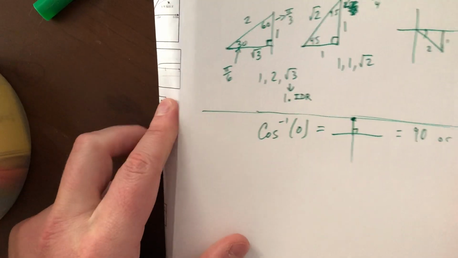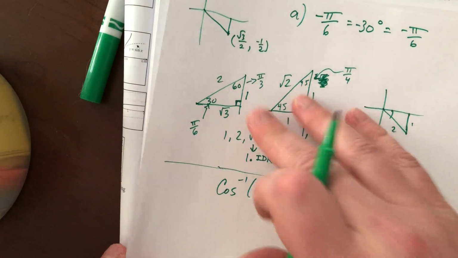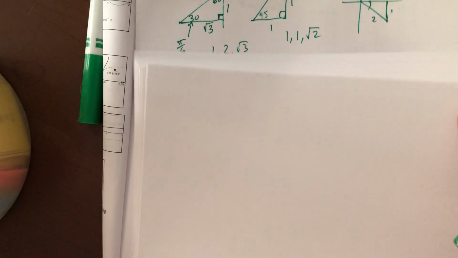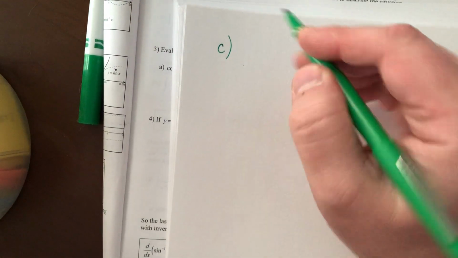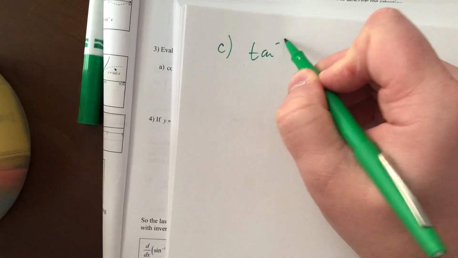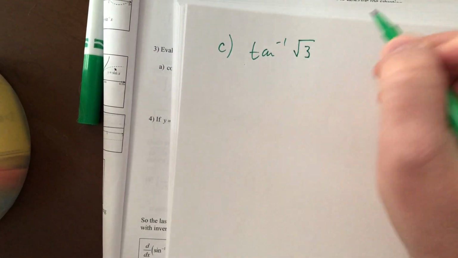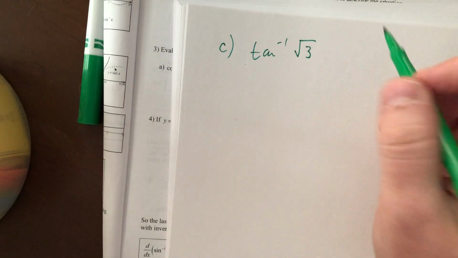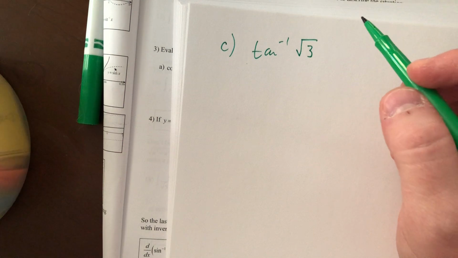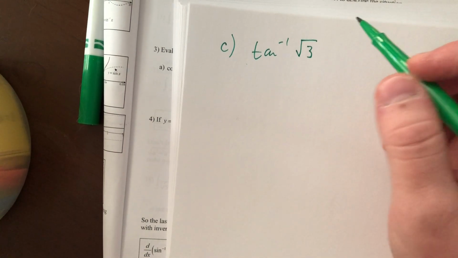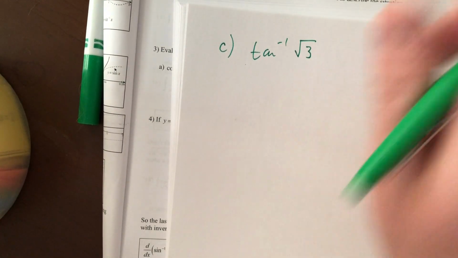The power of this triangle method shines on our next question. Our next question says inverse tangent of root 3. If I go to my two triangles, only one of them actually has a root 3, so it's got to be either 30 or 60 or 90.